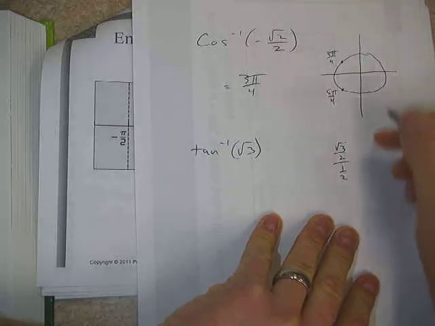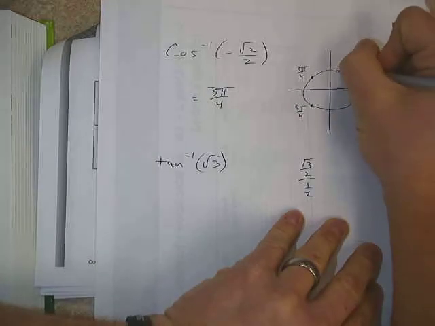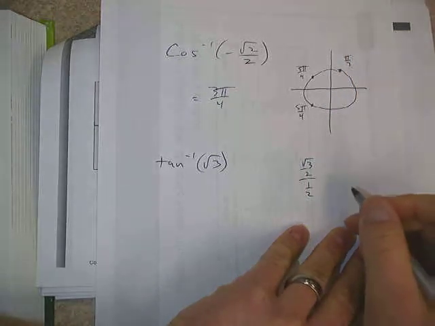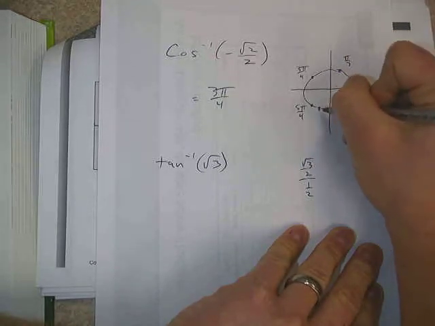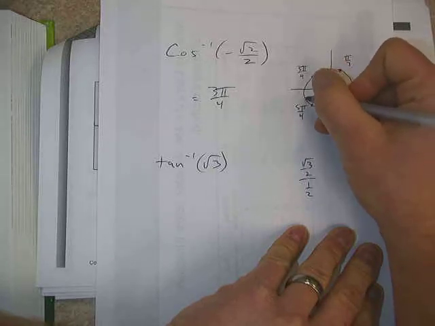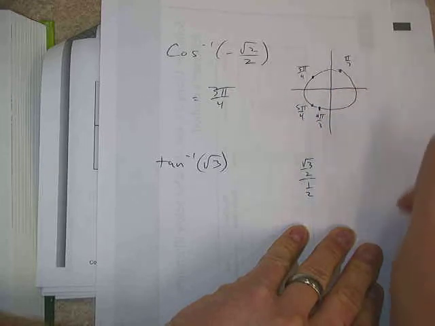Okay. So keep in mind if tangent were radical 3, that would be the radical 3 over 2 over 1/2 situation, which would mean it would have a big sine, small cosine, which would be here at pi over 3.